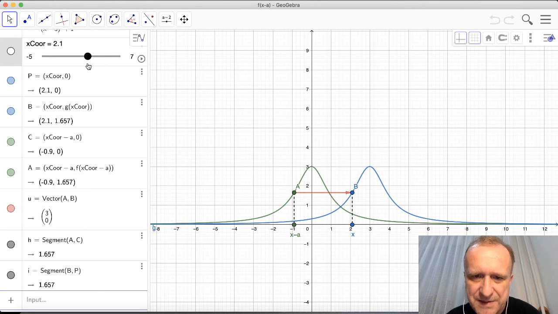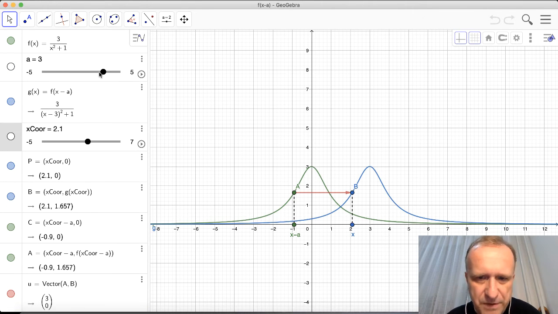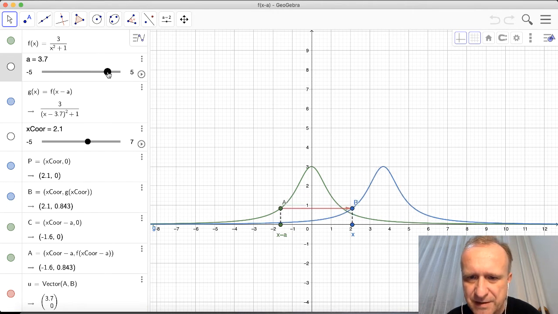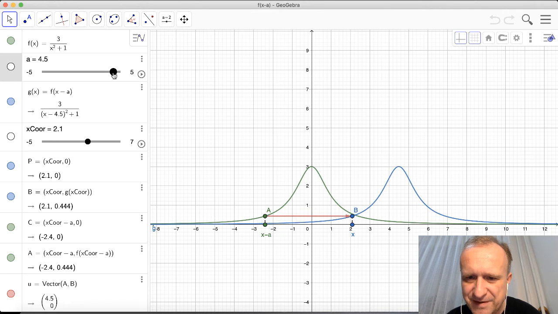So in my case, a was, let us look here, a was 3. So if I increase a, you see what happens. The original green curve remains without any effect. There is no effect on it because this is what is given, but it has an effect on the blue curve.